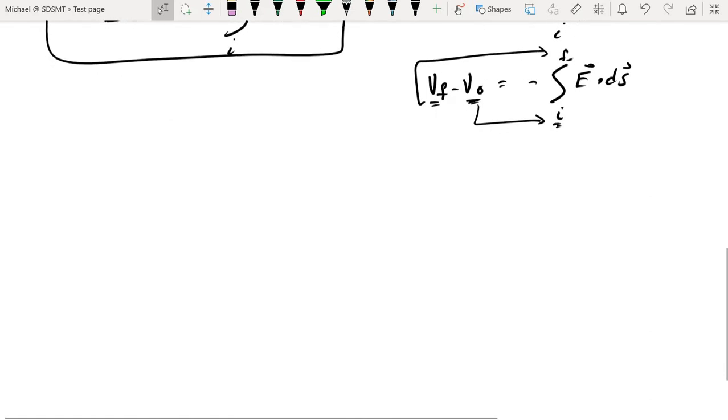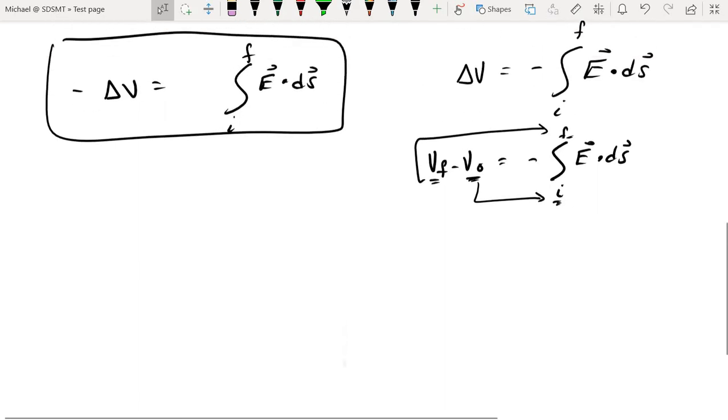Well, this setup with the calculus is only going to help us so far until we actually see an example problem in deriving the electric potential. So that's what we're going to do next.